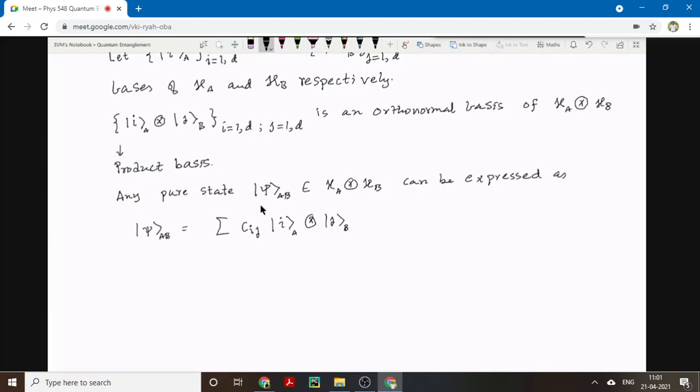Since this is a basis, I can expand any arbitrary state in HA cross HB as a linear combination of these basis elements. Now this C_ij, how many coefficients are there? Here i, j is equal to 1 to d. So there are d square complex coefficients.